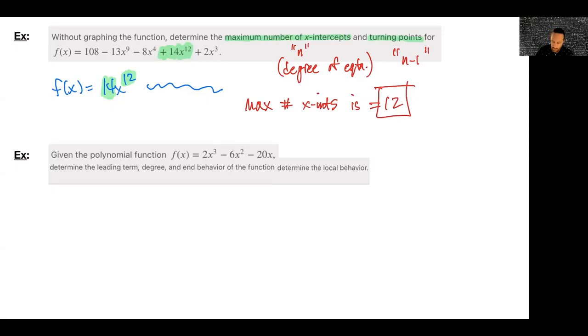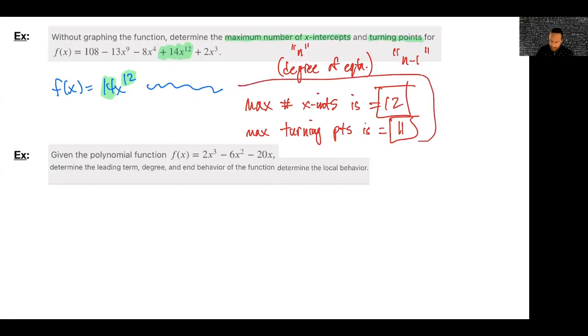And therefore, the max number of turning points would be 1 less than that, 11. Now remember, it can always have less, and that's where those multiple solutions, those repetitive solutions come into play. And we'll talk more about that in a few sections. Okay, so that's it for the first one.